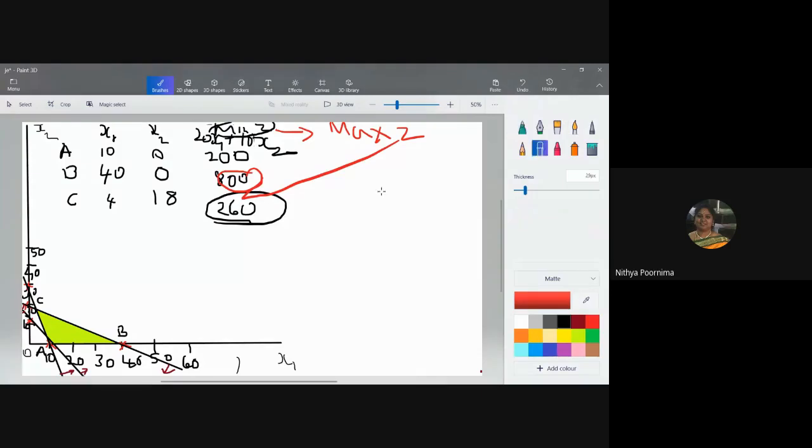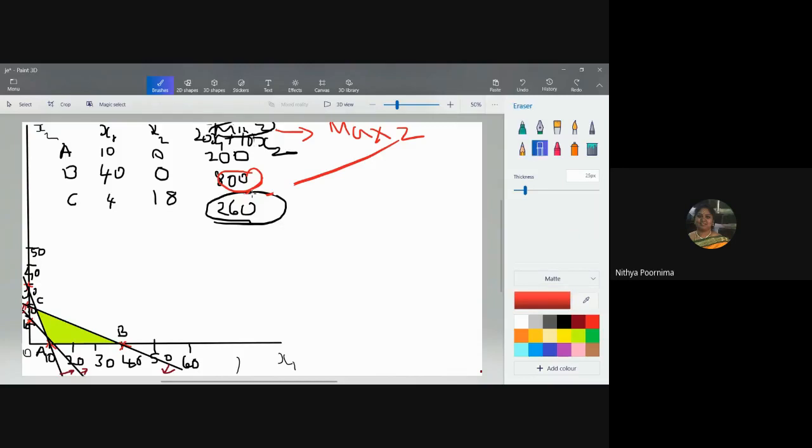Ma'am, I didn't get how 200 is the minimum value, ma'am. See, for min z, 200 should be the minimum value. Once again, why 260, Tarun? I told 200 only at point A. By chance or by mistake, I think I've marked this.